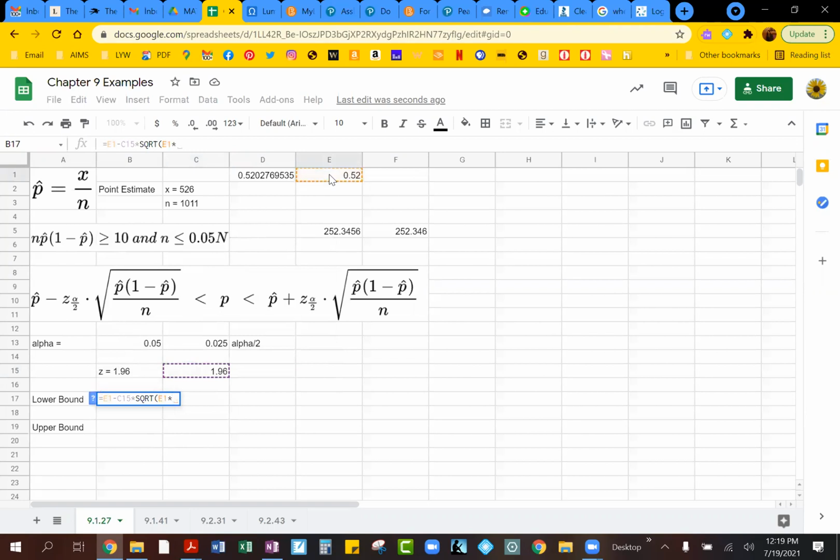multiplied. And in parentheses, I am going to do the 1 minus p hat again. So that's again your 0.52, that same cell. Close parentheses. And then we are dividing by the n value, which came out to be 1,000.